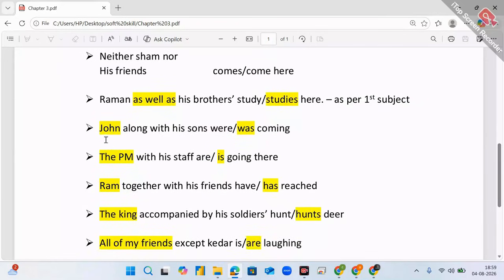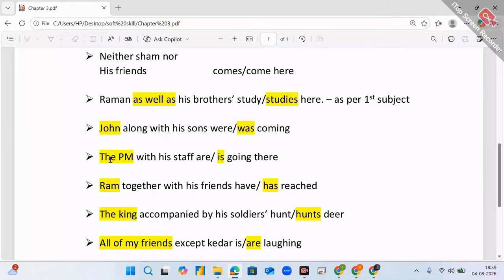Next, John along with his sons were or was, right? Along with, as well as, for all these kinds of structures we go with the first subject. Here John is the first subject and John is singular, that's why we have chosen was instead of were.